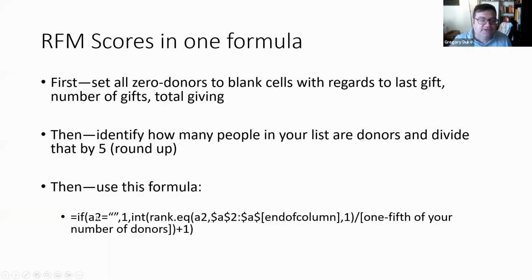If the first record is blank, then it's going to return a 1, because essentially you're saying if the record is blank, then they go in the lowest column because they're not a donor at all.